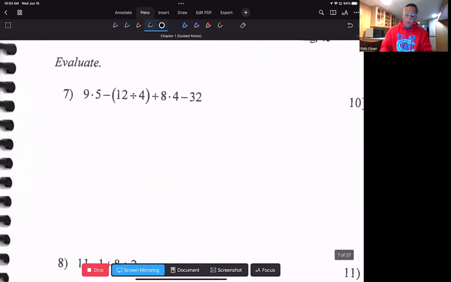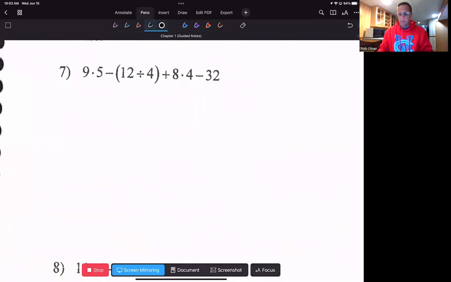Okay, so going on to the examples right here. These examples look pretty fun, right? So you got multiplication, we've got subtraction, we've got division within parentheses, addition, you have multiplication, and then subtraction again.